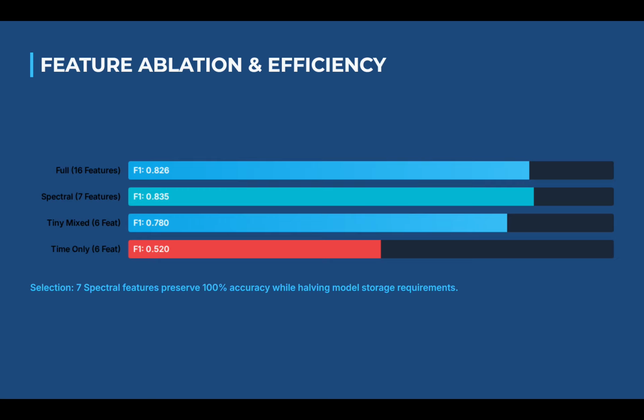Yes, the next thing to discuss would be feature ablation and efficiency. I ran a few studies, starting with a full 16 feature set, and that gave me an F1 score of 0.826.